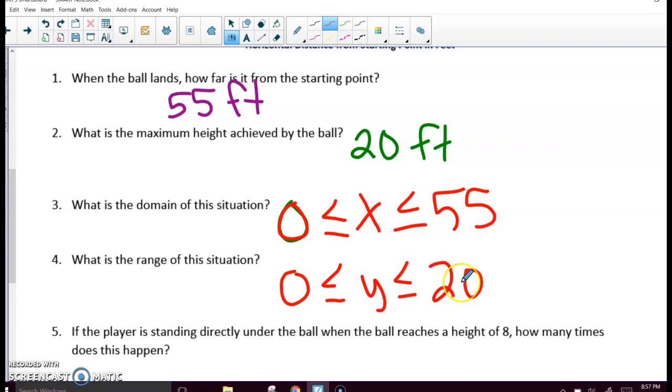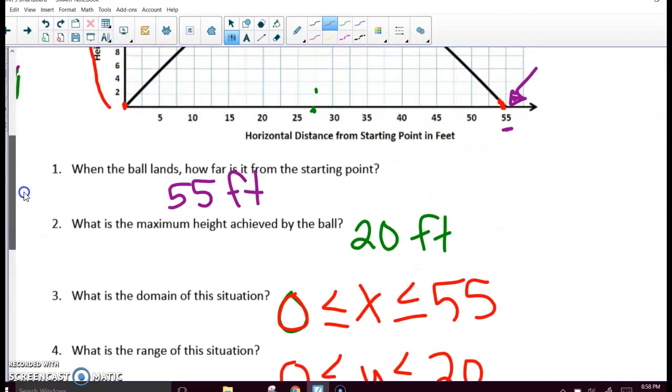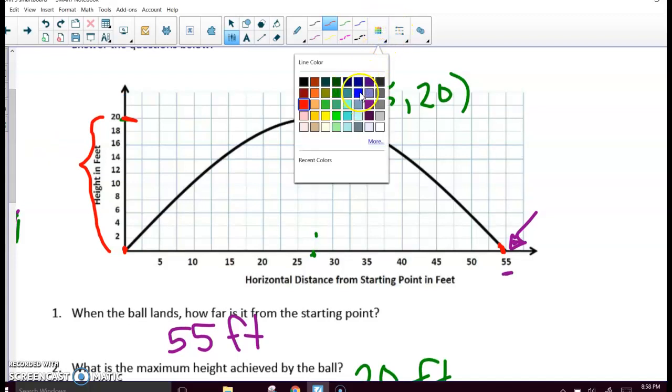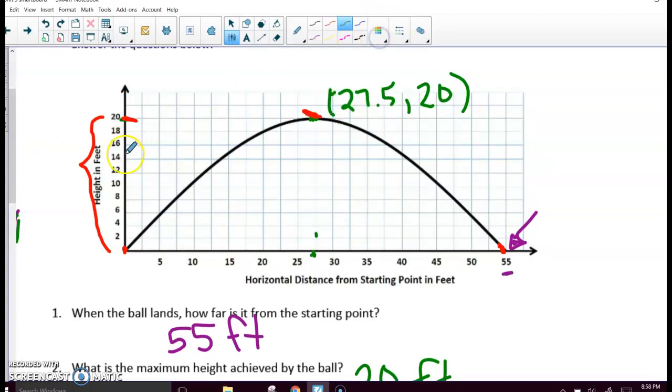If a player is standing directly under the ball when the ball reaches a height of 8, how many times does this happen? So I want to know, how many times does the ball reach a height of 8? I can see that it happens right here and right here, as the football goes up in the air and as the football goes down.